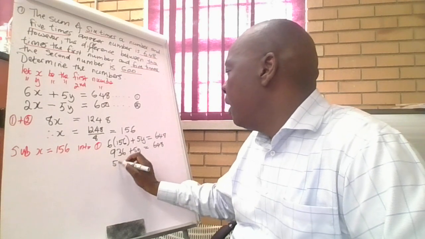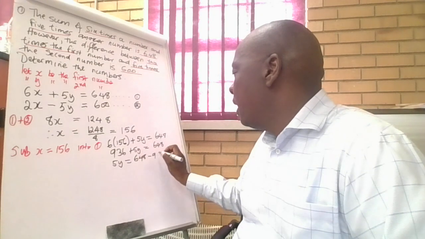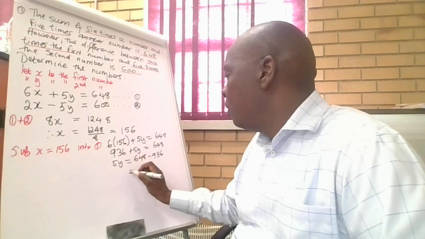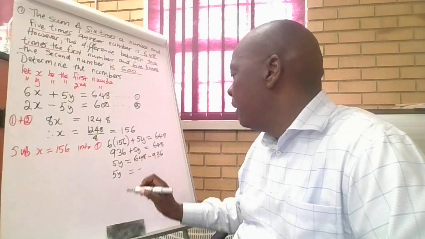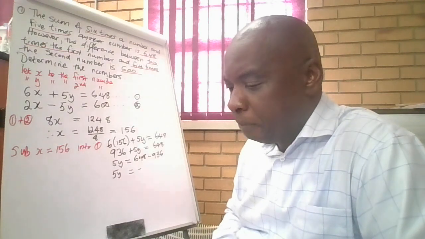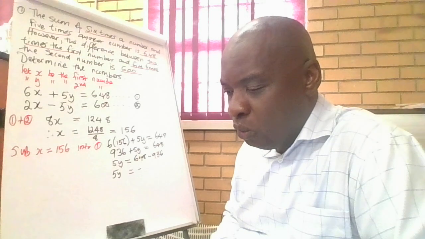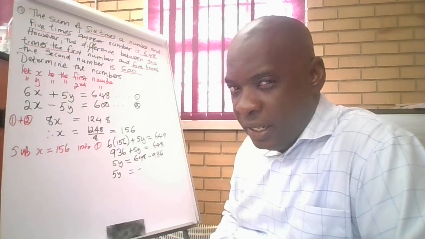That means 5y is equal to 648 minus 936, and that should give us 5y being equal to minus 288.